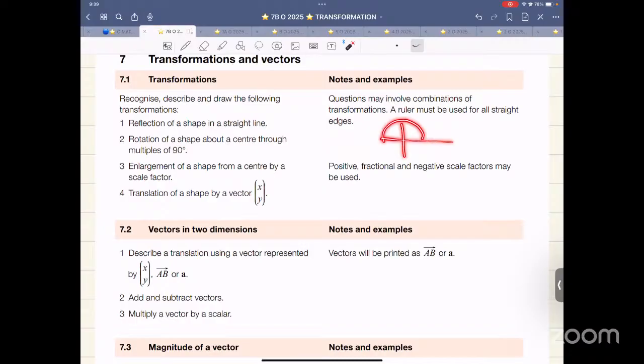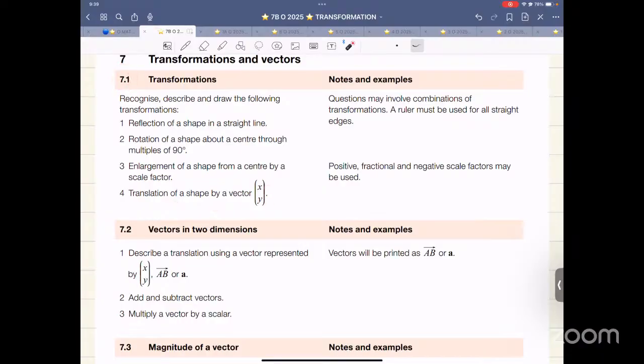Now, if they write 270 degrees anti-clockwise, that is the same thing as 90 degrees clockwise, because we are going like 90, 180, 270. Enlargement of a shape from a center by a scale factor, translation of a shape by a vector.